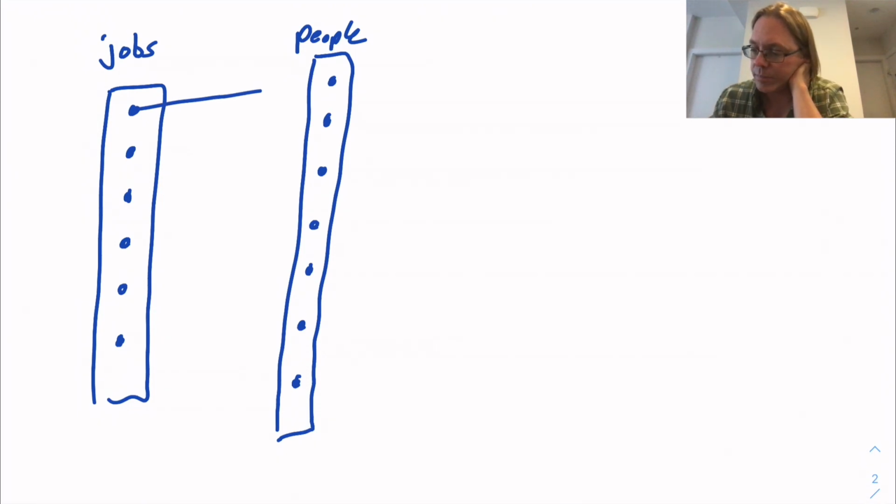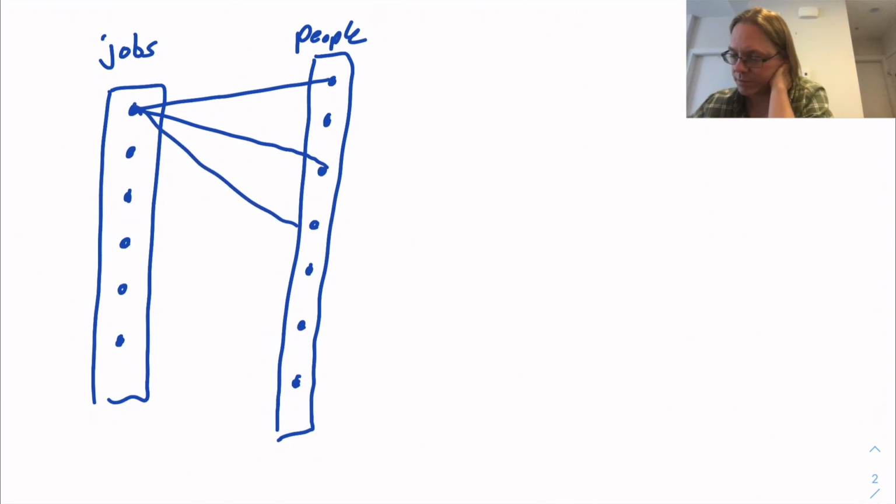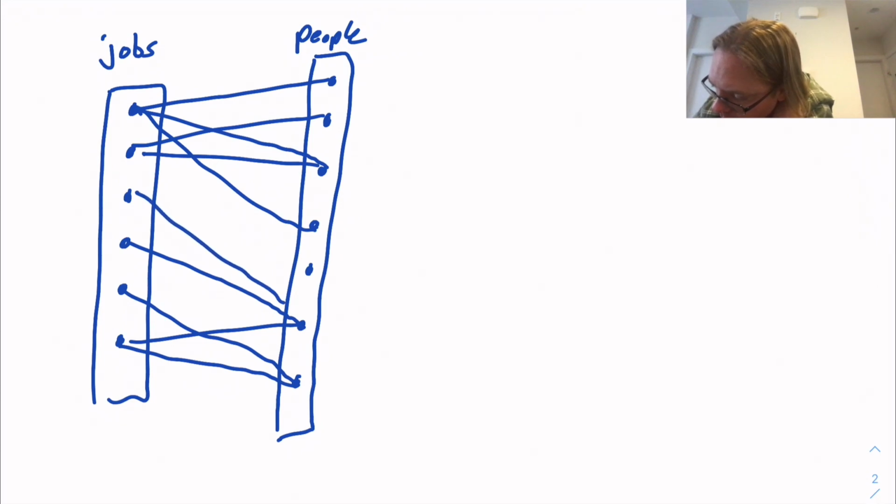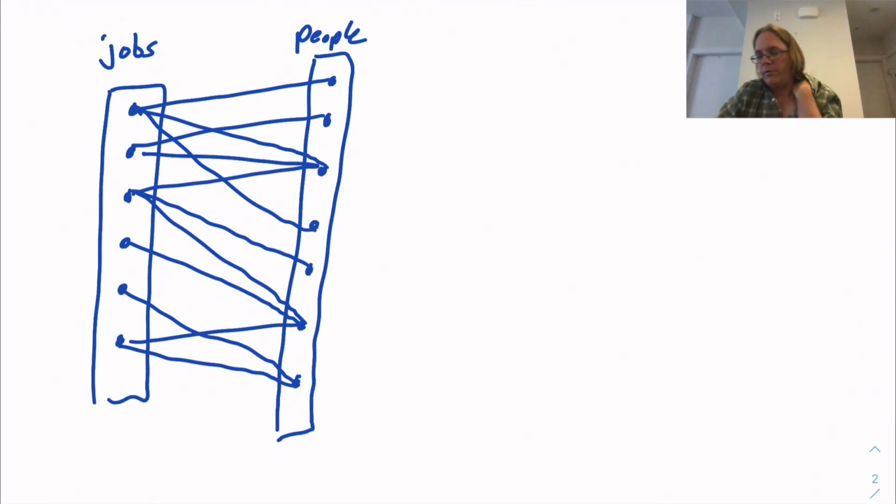So maybe this first person can do these things. Okay, so there's a sensible graph.